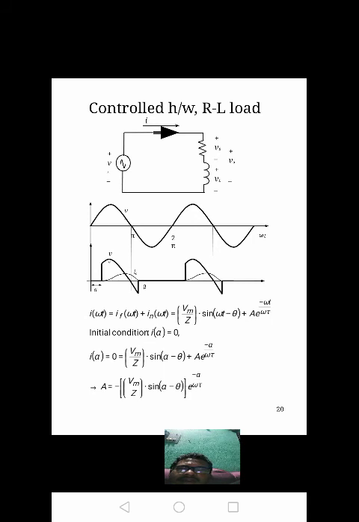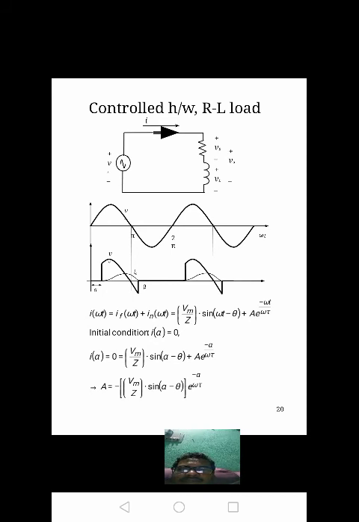Similarly, i of omega t is equal to the forced current value plus the natural current value In of omega t. Then we substitute the forced current value as Vm by Z into sin omega t minus theta, plus A into e power minus omega t by omega tau. Initial condition: i of alpha is equal to 0.